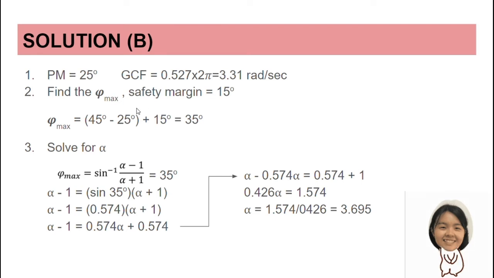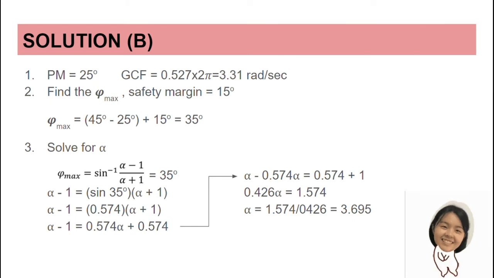And then we are going to find our phi max in the second step. The required phase margin is 45, so we subtract our current phase margin from that, and we add a safety margin of 15 to get 35.